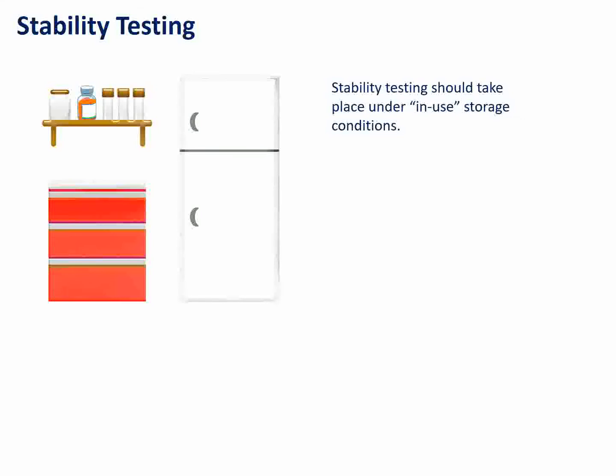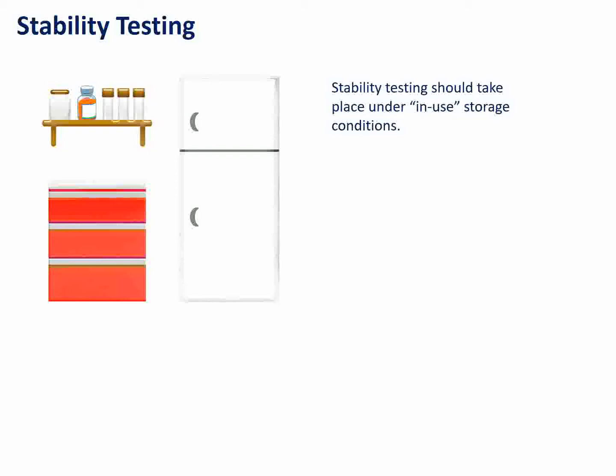And eventually we might get to a point where the level of the drug has fallen below the manufacturer or the regulator's specification. So for example, there might be only 95% of the drug left, or 90% of the drug left. So at that point we'll say, okay, we've determined that's what the expiry date should be.